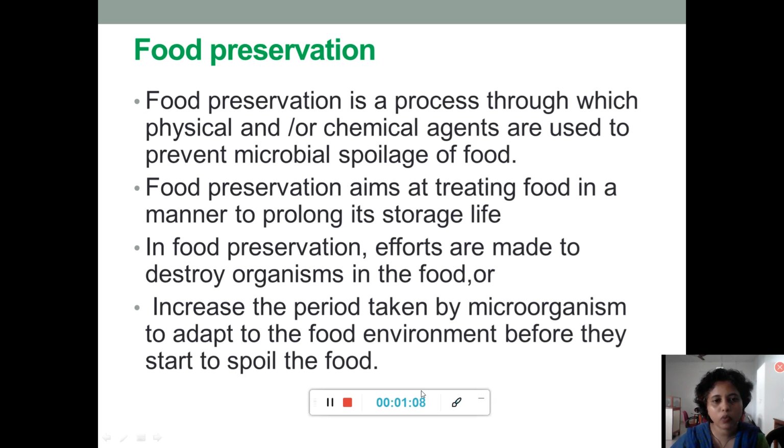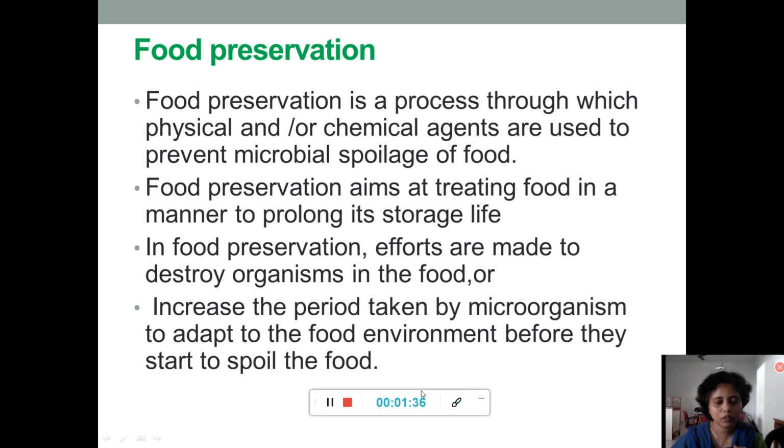And for that, one thing that we can do is either destroy the organisms in the food, or take up a strategy so that the time taken for the microbes to grow in the food can be prolonged. When you prolong this period, the food spoilage will be prevented. You should realize that food spoilage can happen only when the microbial count reaches a particular level.